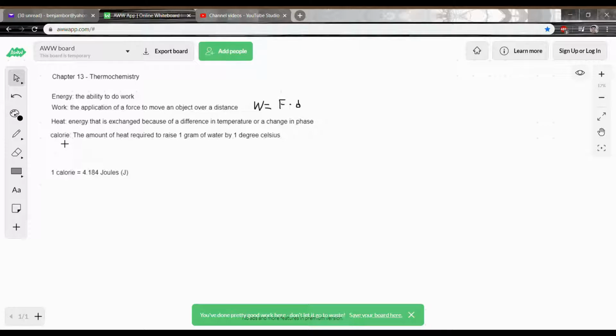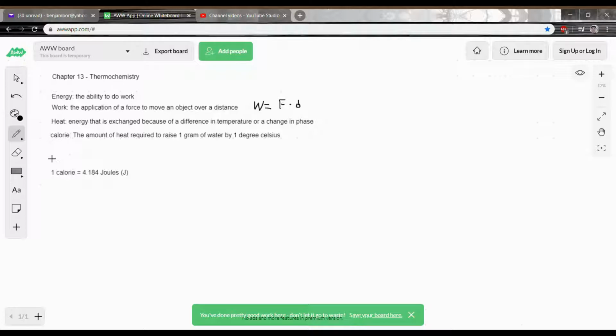Now, this is probably a familiar word to you because we consume calories and that provides energy for our bodies to carry on. However, there's a bit of a difference in the calories that you know of and the calories that chemists use to measure things.